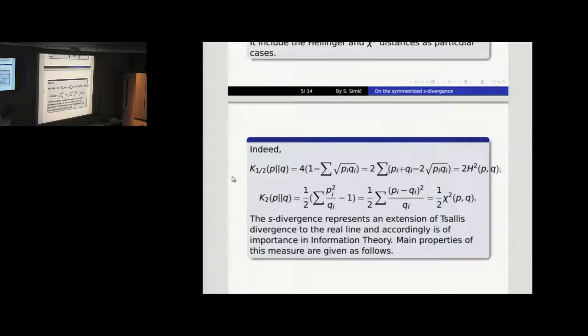Also, if you put S equal to 2, we obtain this, and this is equal to this, and this is 1/2 of the chi-square distance.